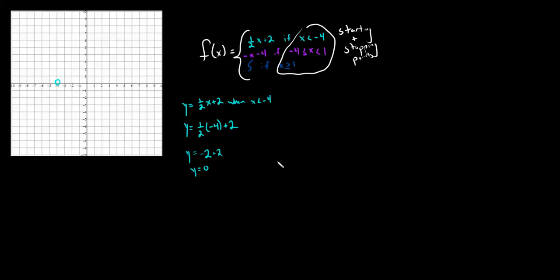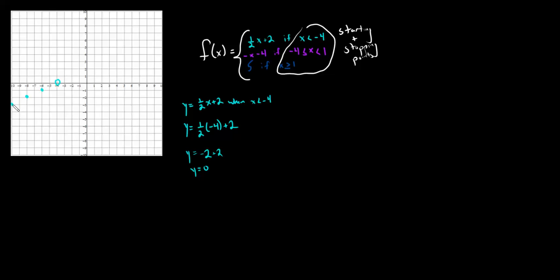And now from here, you can make a table to find the rest of your points, or you can use slope. The slope of this particular graph is 1/2, so I'd be going up 1, right 2, up 1, right 2. However, this graph doesn't exist when x is greater than -4, so I'm going backwards. So instead of up 1, right 2, I'd actually be going down 1, left 2. Down 1, left 2.